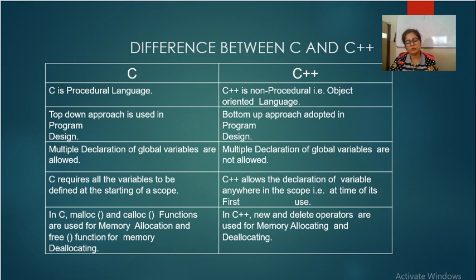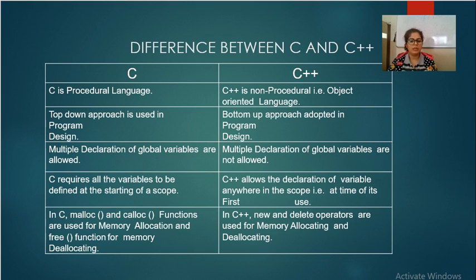C is a procedural language, meaning if you are traversing the code, you have to do everything in a procedural, structural way, that is, line by line. Whereas in C++ you do not have to perform anything line by line. This is the reason it is an object-oriented language. C follows a top-down approach, whereas C++ follows a bottom-up approach. The bottom-up approach is a better approach as compared to the top-down approach.